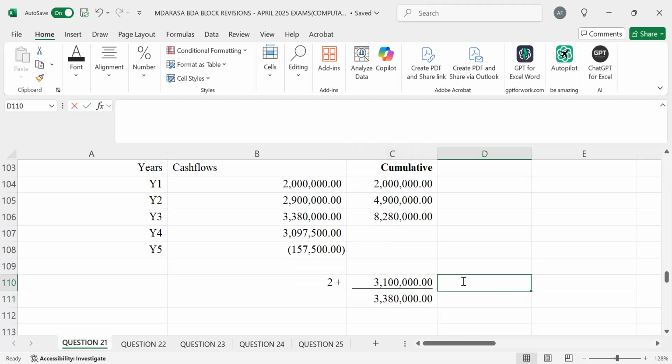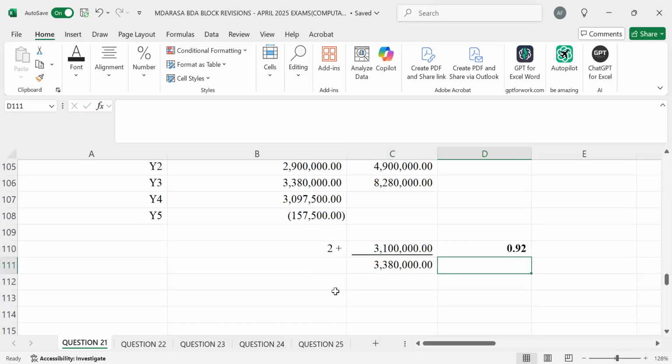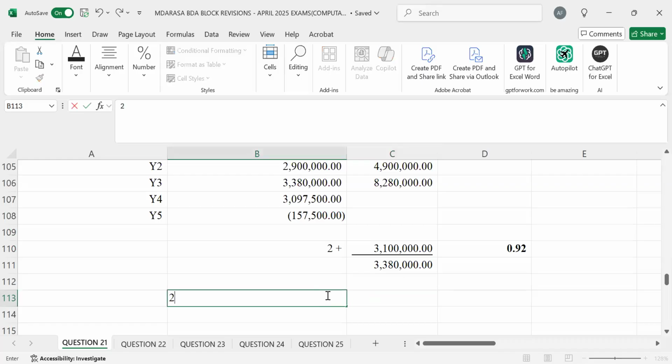So at the end of the day, our payback period will be what? 3.1 divided by 33.80, so we take our value here, 2, plus 0.92.